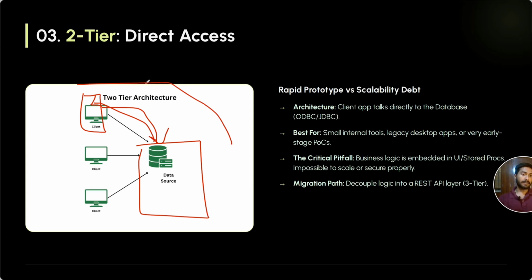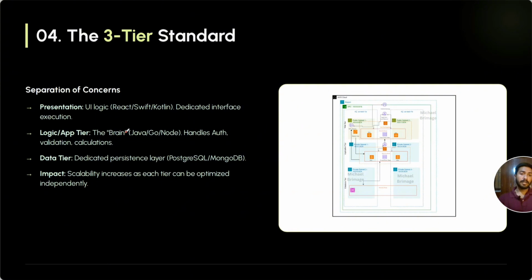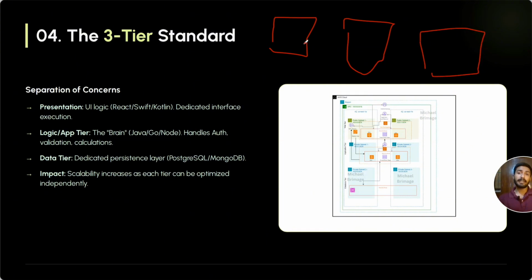So basically in three tiers, what happens is, suppose you have client, you have server, and once you have done the request to the server, again server will go to the database or any third party. So there will be three layers here. We can say client will request to the server, server will again send the request to database, will pull the data and give it to server, server will send it back to the client.